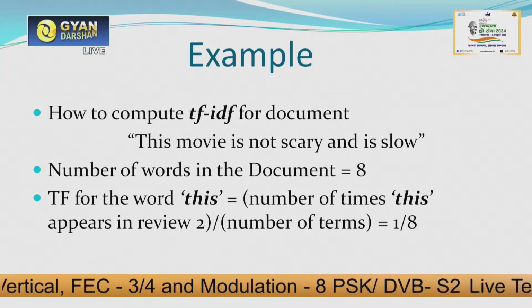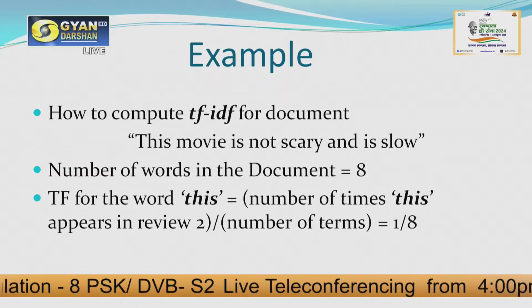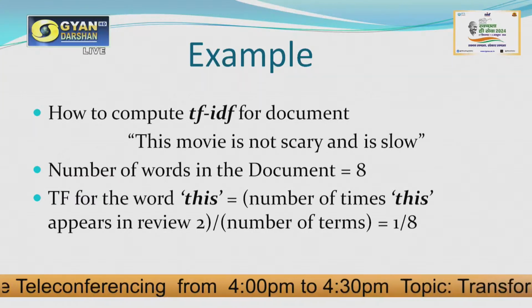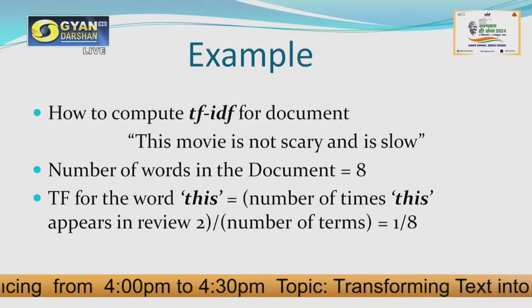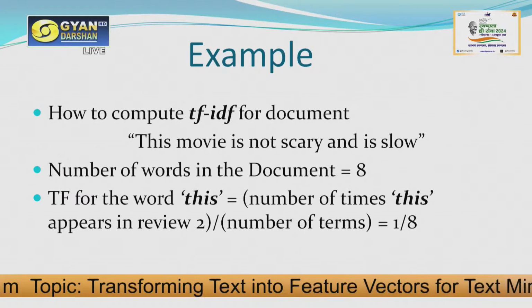The terms are 8 in size, and then TF for one particular term we will take, that is "this", and the number of times it appears in this particular document is only 1 out of 8 terms. So TF is 1 by 8.